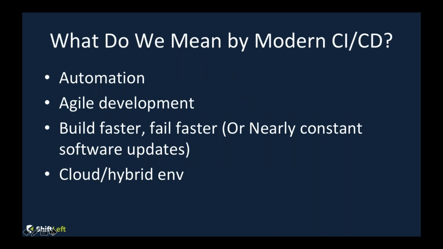So what do we mean by a modern CI/CD process? Essentially, automation is the fundamental part of the CI/CD process. And when we talk of automation, CI, which is continuous integration, is about testing automation and making sure that your application is not broken by any new changes or commits to the main branch.